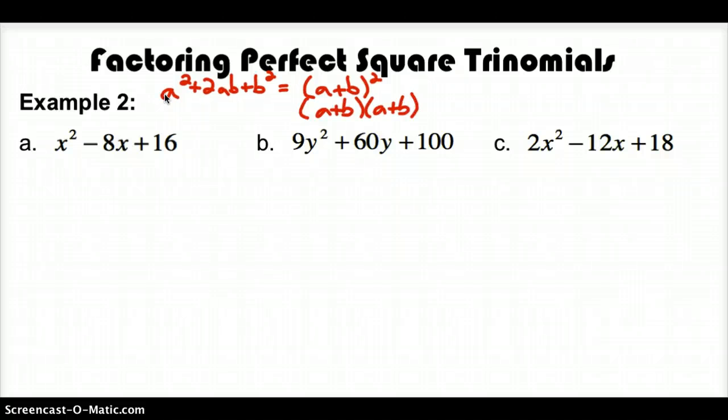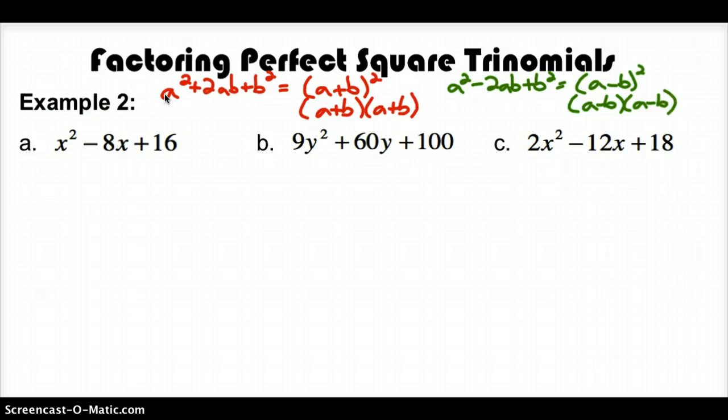Or if we see a trinomial of the form a squared minus 2ab plus b squared, that can be factored to a minus b squared, or a minus b times the quantity a minus b.